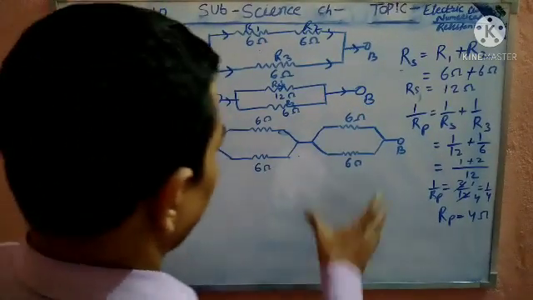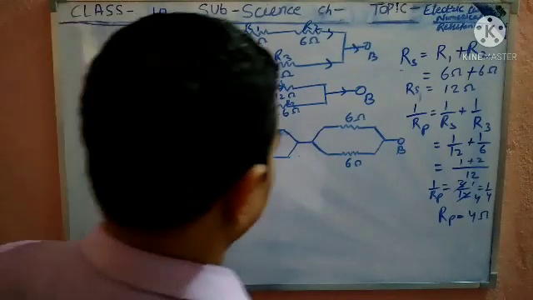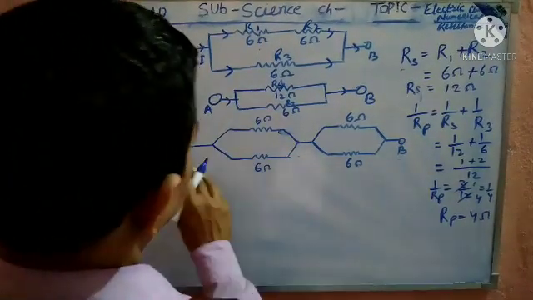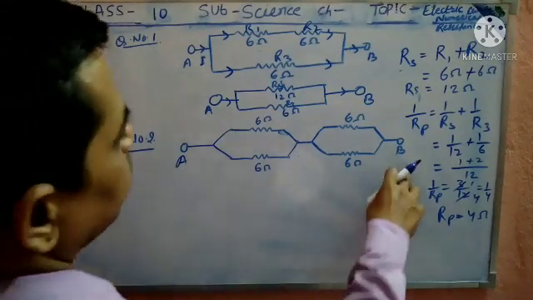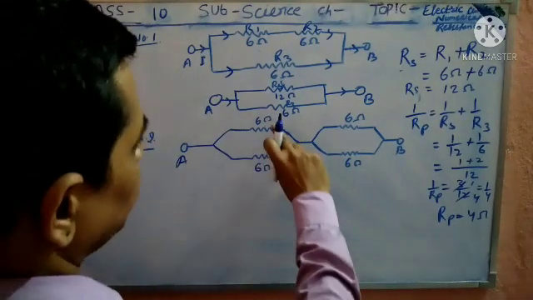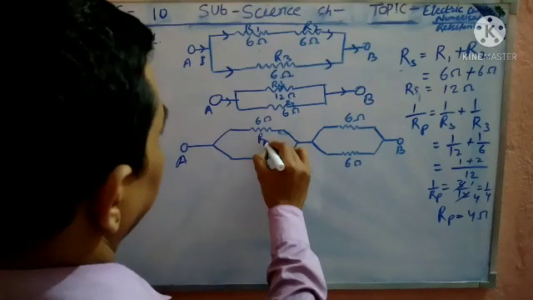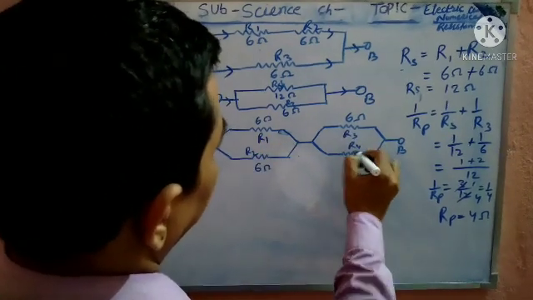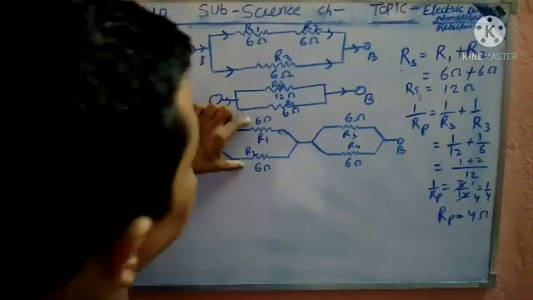Now take another circuit, with node A and node B, where two resistances R1 and R2 are given, and another pair R3 and R4. Both pairs are in parallel.